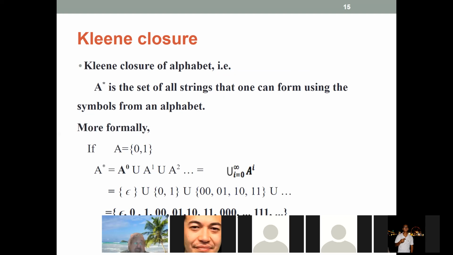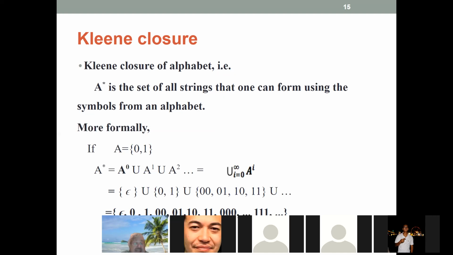So if A is the set containing 0, 1, then A star is the union of all these sets: A superscript 0, A superscript 1, union A superscript 2, and so on. And all those unions, we can shorten it: the union as i goes from 0 to infinity of A to the ith power.